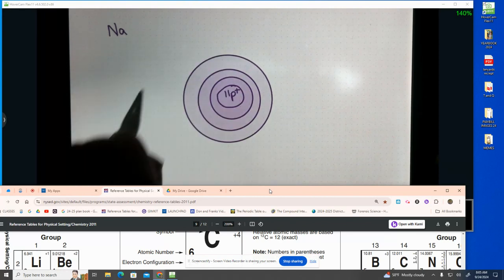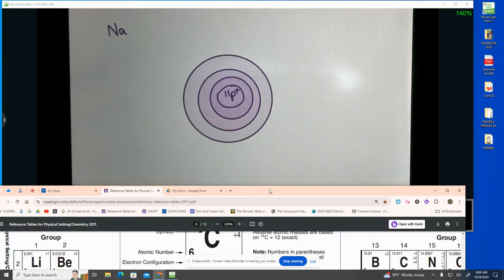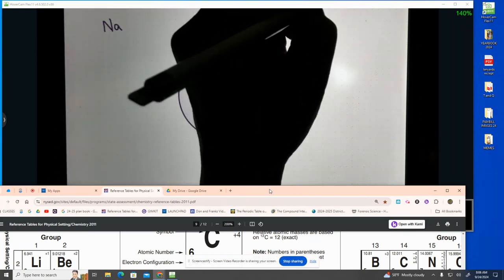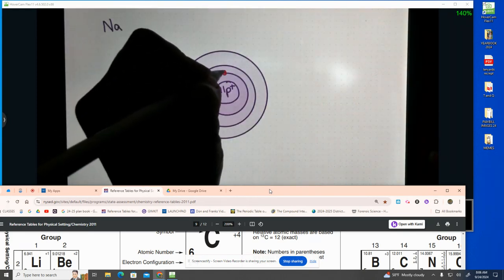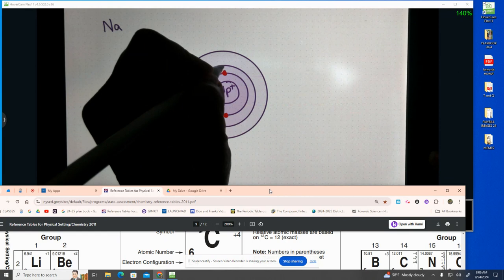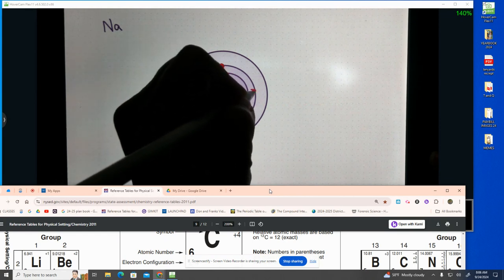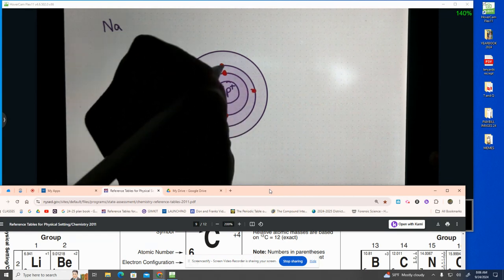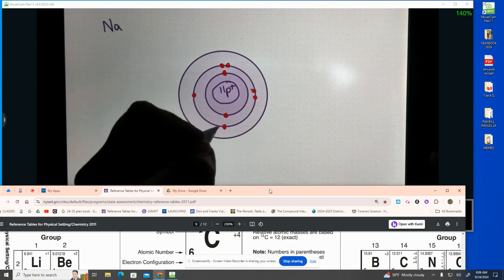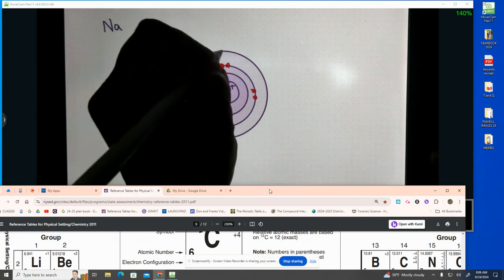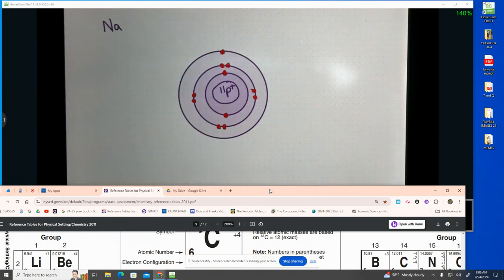I got 3 on there. They're not perfectly neat, but I got 3. In the first energy level, I have 2 electrons. In the second energy level, I have 8 electrons. And in the third energy level, I have 1 electron. Got it so far?